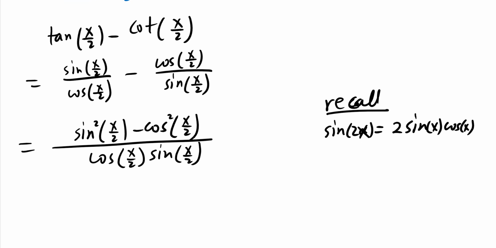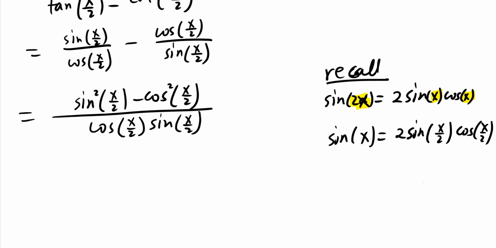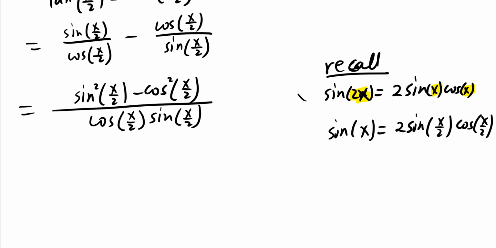So if I divide the angles, I'm going to highlight the 2x, the x, and the x. If you divide each one of them by 2, you get sine x equals 2 sine x over 2 cosine x over 2. Okay, we're going to use that in a minute. And so that's one thing to recall.